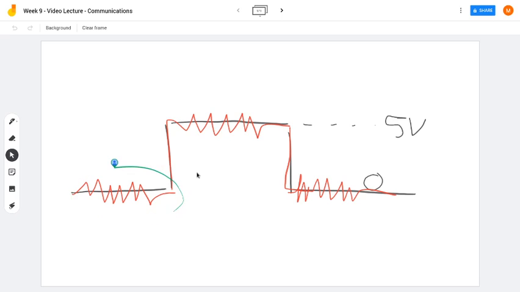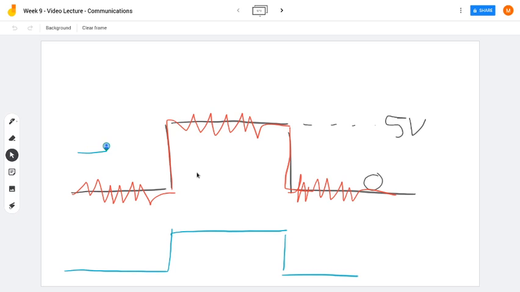So we can get a clean copy of this message simply by having some sort of a decision device that will say, okay, any voltage above certain threshold will be considered as 5 volts, and any voltage level below this threshold will be considered as 0. This way we can get a clean copy of the message.